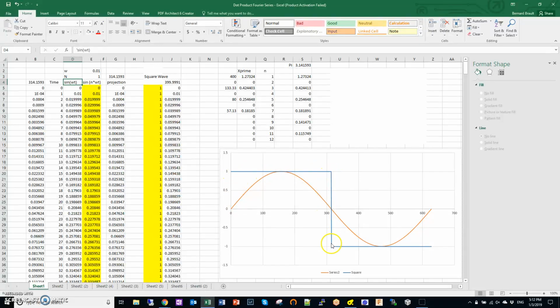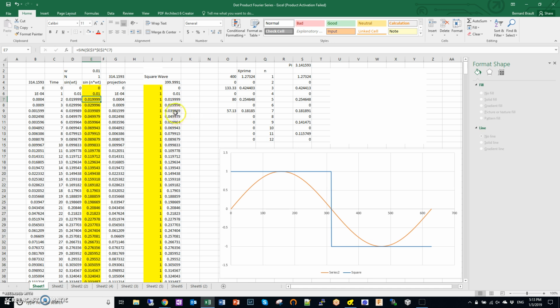How much does this square wave project against the sine wave? And we had a way to calculate this. This is a sine wave, this is a square wave. So how much does a square wave project onto this? Well, you have to calculate this times this plus this times that plus this times that. Remember, you did x0 y0 plus x1 y1 plus x2 y2, the dot product that gives you the projection.